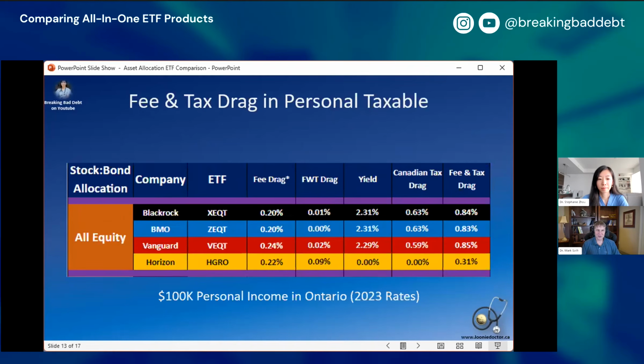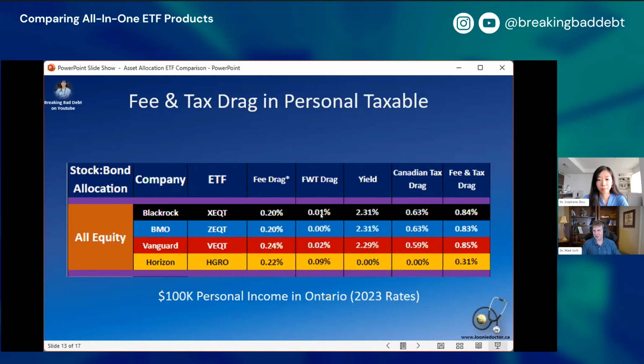Now, in a personal taxable account, taxes take on an entirely different role. So what I've done here is I've given a little bit more information. Just to go through the Blackrock example, XEQT, the fee drag is about 0.2% a year. Foreign withholding tax drag is 0.01% a year because in a personal account, you can get most of that back.